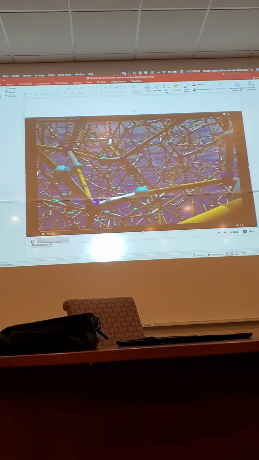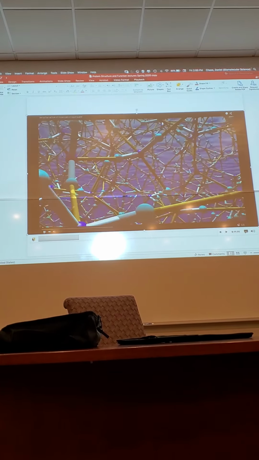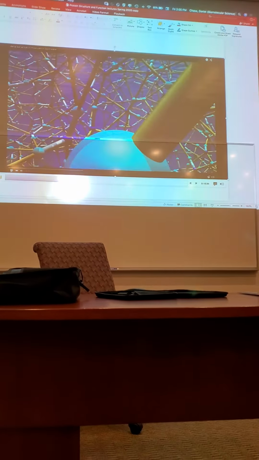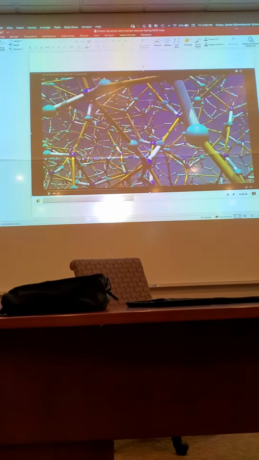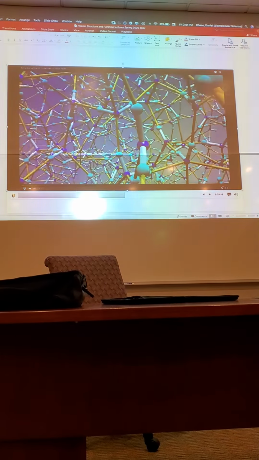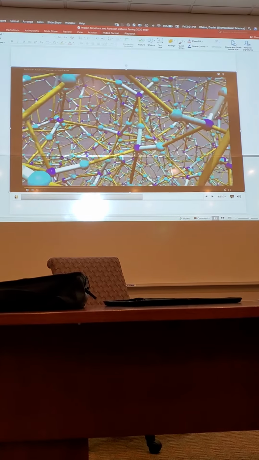But this is the environment of the cell in terms of what water is doing. And it actually is pretty well structured. It forms like a cage inside of the cell. Lots and lots of water molecules all interacting with one another.